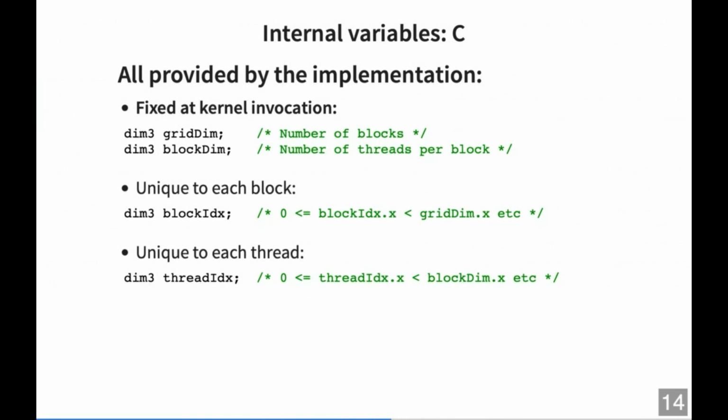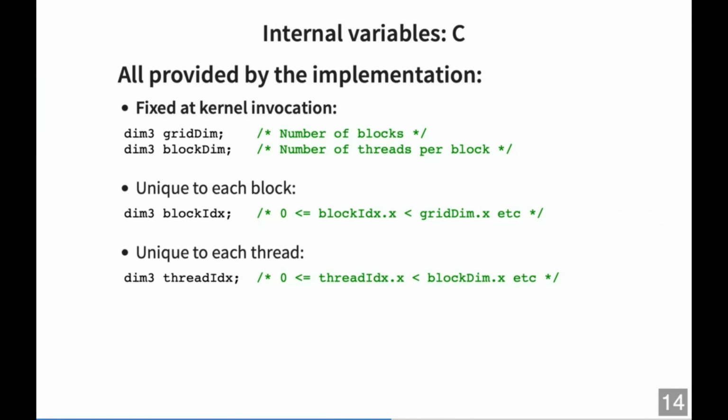There's a couple more of these special variables which CUDA automatically provides for you. Grid dim, which we will not generally be so interested in this course, is the total number of blocks in each dimension.